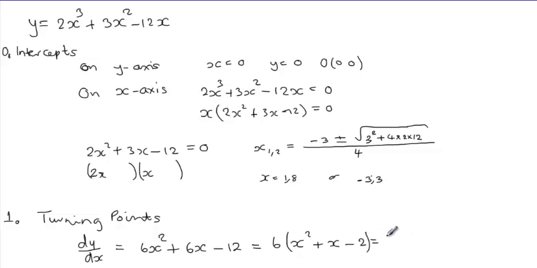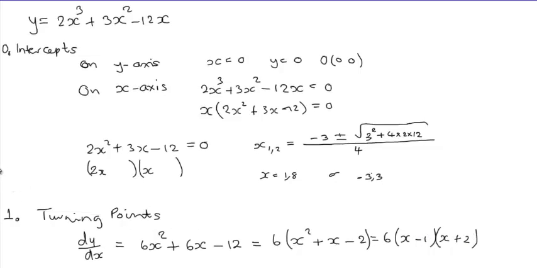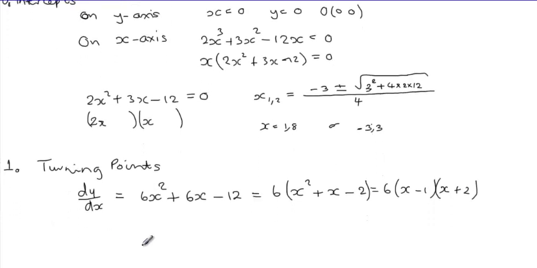Then how? It is x minus 1 there, plus 2 there. Now at the turning point, this derivative must be 0.